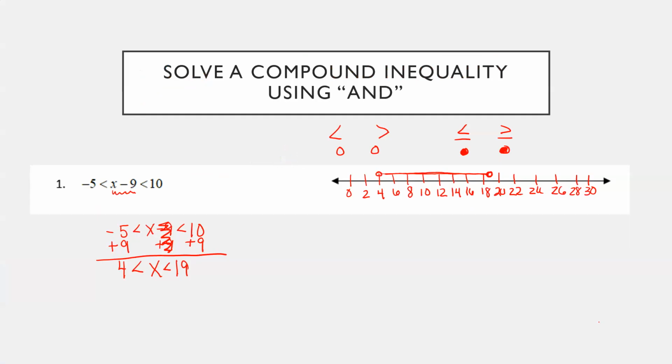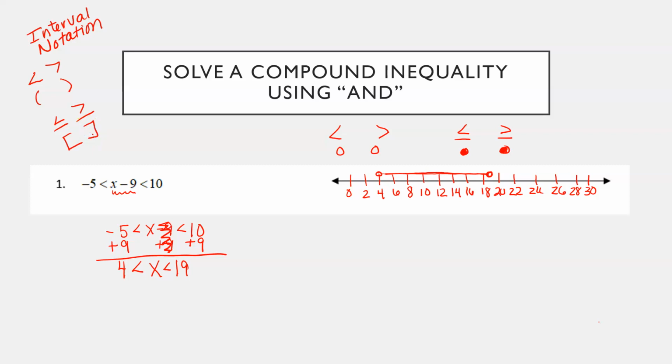Okay, I want to go back to the start because I want to show you something called interval notation. I'm back on number 1. So I can use a special kind of notation to show you what the graph is saying. If I have these signs, I use parentheses. If I have these signs, I have brackets.